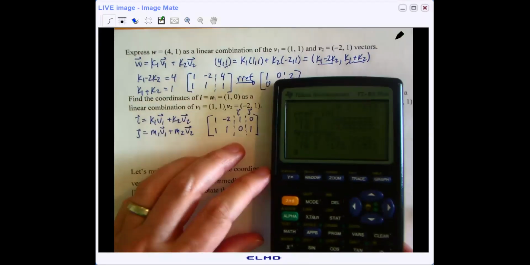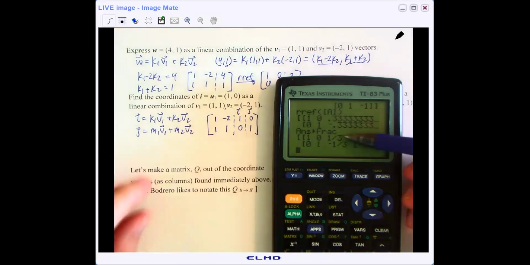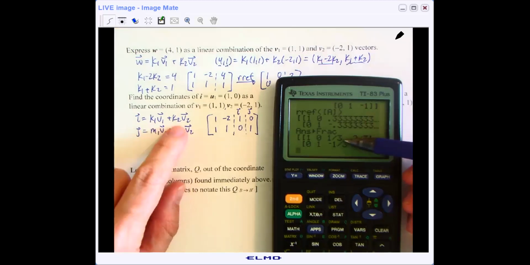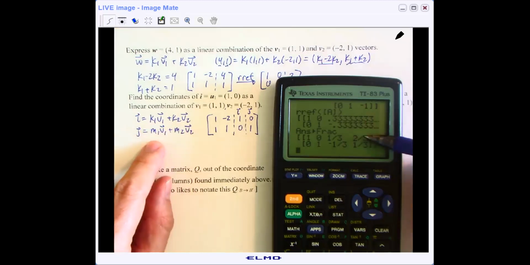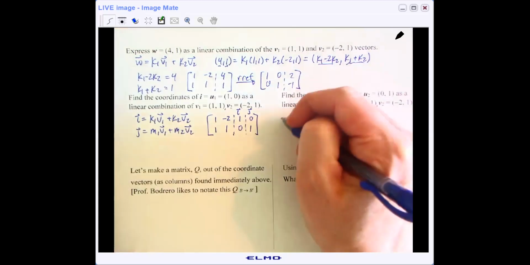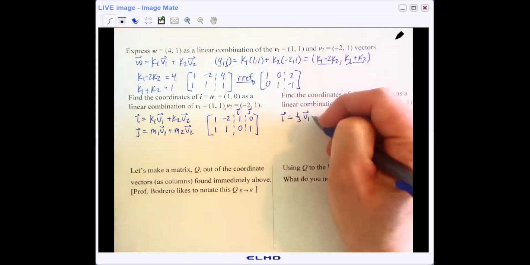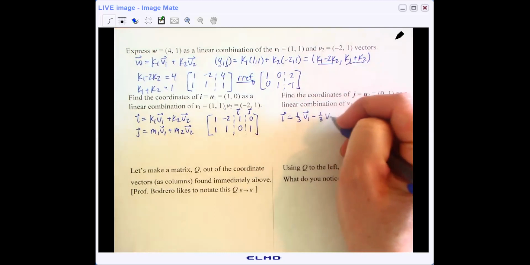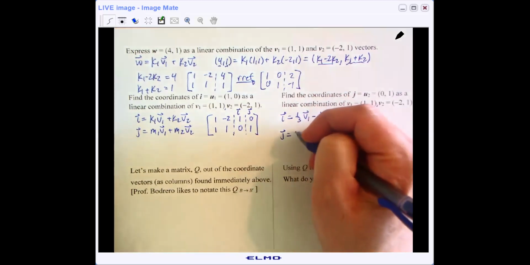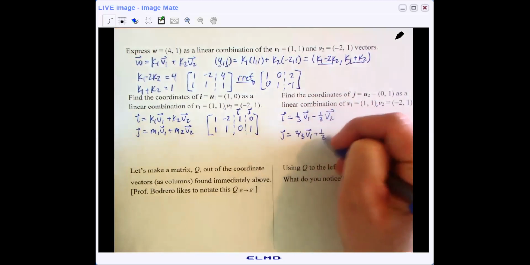When I do that, I get that K1 is 1/3, K2 is negative 1/3, M1 is 2/3, and M2 is positive 1/3. So the I vector is 1/3 vector 1 minus 1/3 vector 2, and the J vector would be 2/3 vector 1 plus 1/3 vector 2.